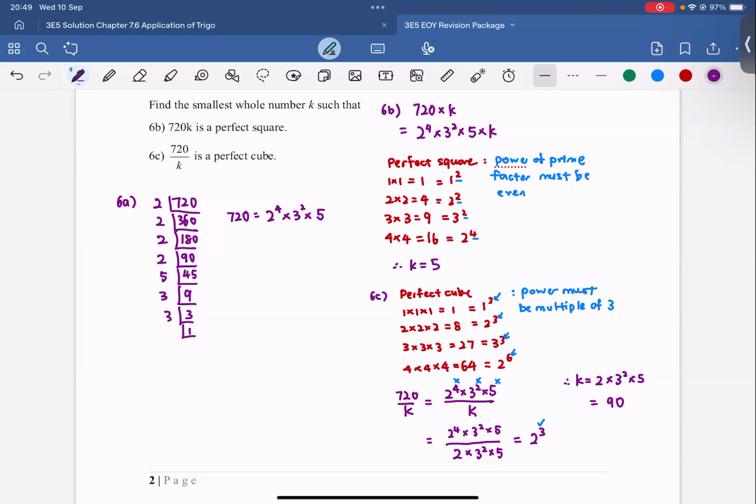I actually cannot see your face, so I don't know whether you're lost or not. And I cannot see your chat or anything because I'm sharing screen, so you can only talk. I cannot see anything from Zoom. Okay, does anybody still need this? If not, I move on. 5, 4, 3, 2, 1, 0. Okay.